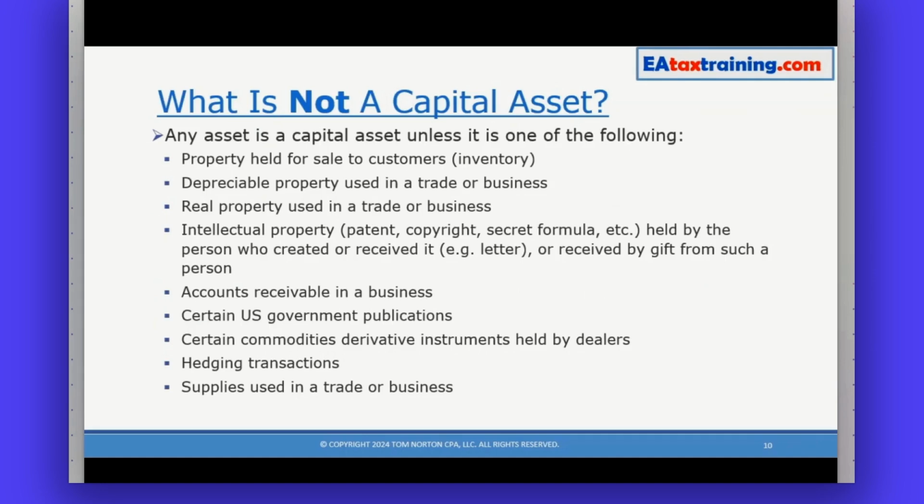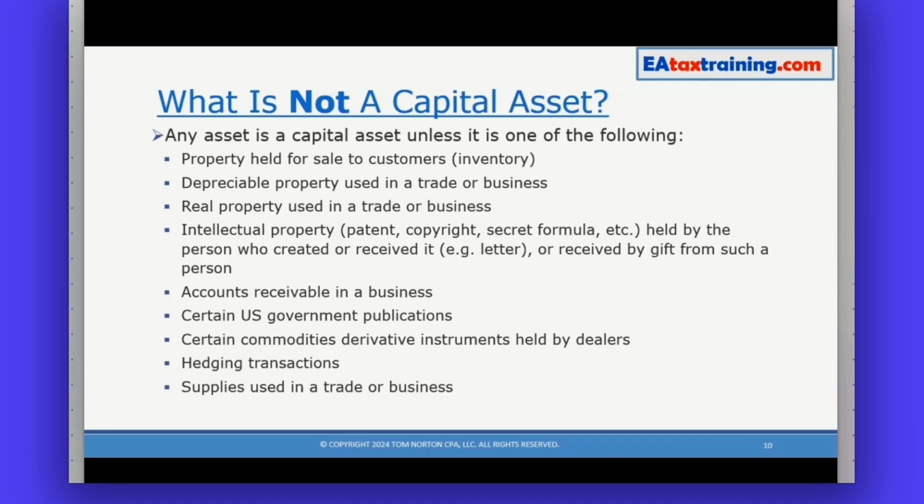So they have written all of these songs, made all this music. This is their intellectual property. They, as the creators of it, that asset is not a capital asset in their hands. So when they go out and sell their catalog of music for tens of millions or hundreds of millions of dollars, that is all ordinary income. It is an ordinary gain because it is not a capital gain, because it is not a capital asset.